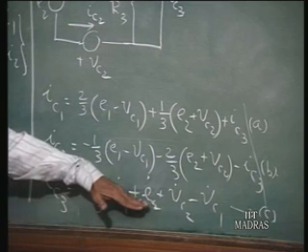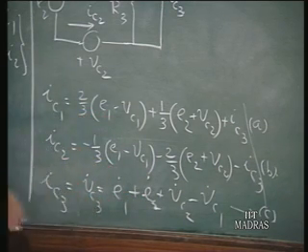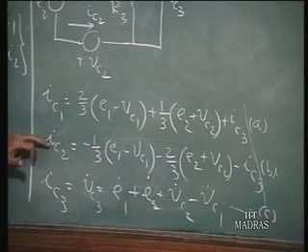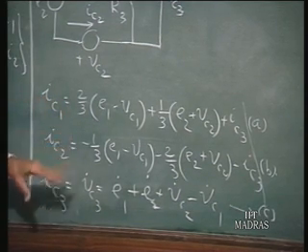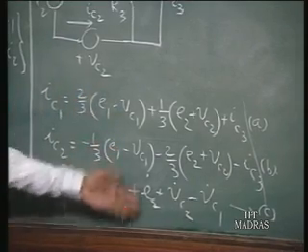If you substitute the third equation into the first two, we can get rid of IC3 and have equations for Vc1 dot and Vc2 dot in terms of the state variables, the source functions and their derivatives.